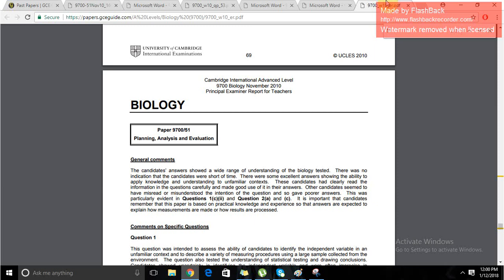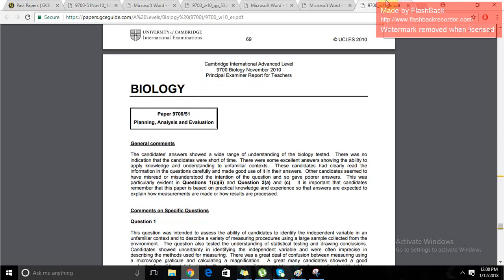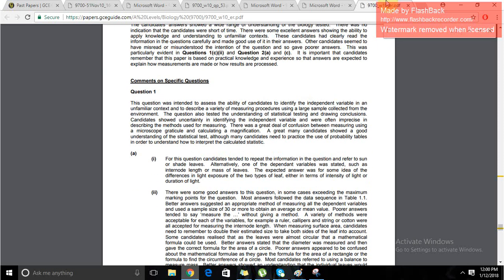It is important that candidates remember that the paper is based on practical knowledge and experience. Yep. So you need to know how measurements are made and how results are processed. Question 1. The question was intended to assess the ability of candidates to identify the independent variable in an unfamiliar context and describe a variety of measuring procedures using a large sample collected from the environment.